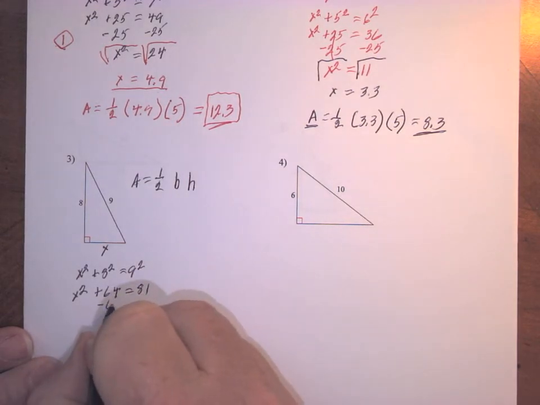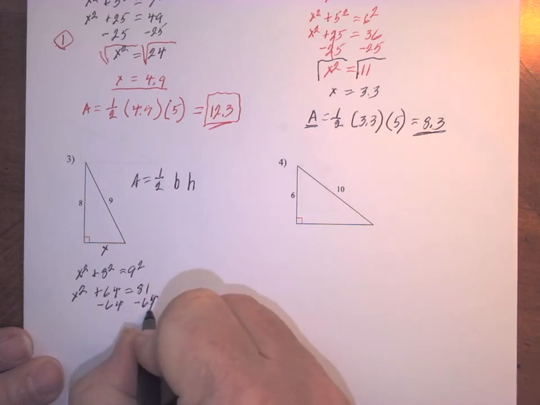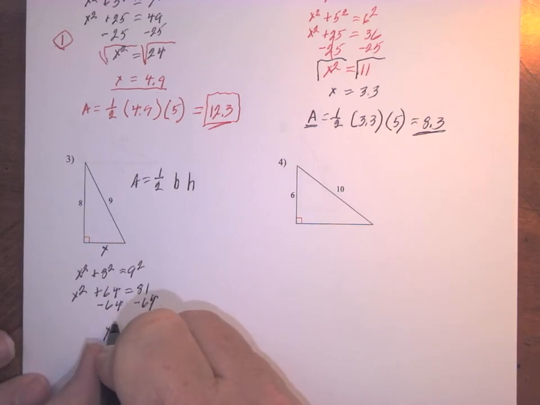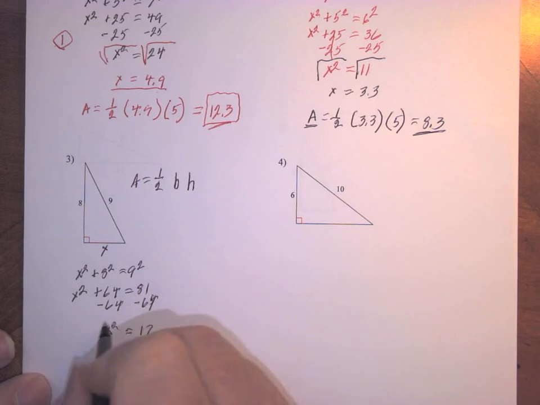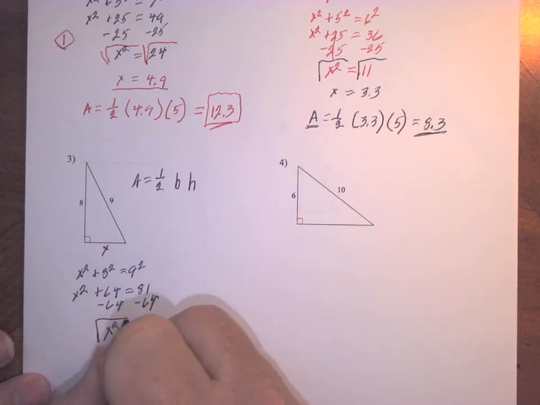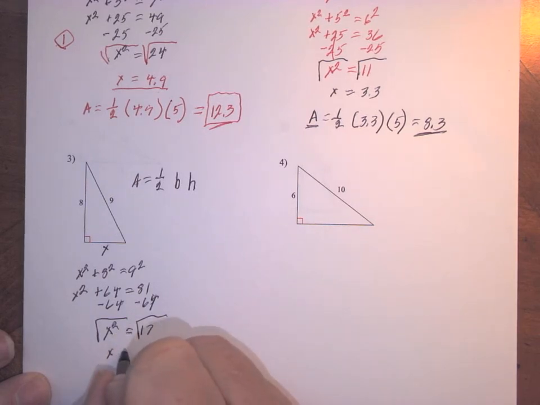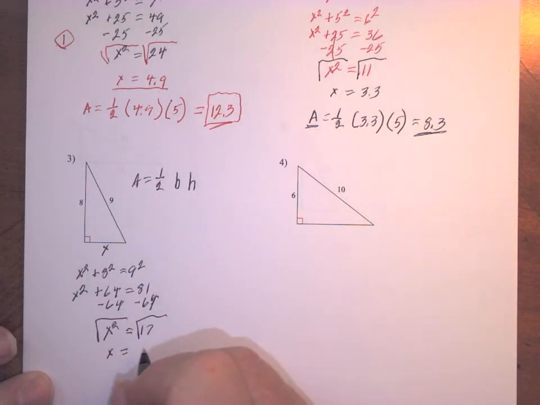We're going to subtract our 64 from both sides. And we're left with x squared is equal to 17. Again, we're going to take the square root of x squared, square root of 17. x should be pretty close to 4 because 4 squared is 16. And sure enough, it's equal to 4.1.